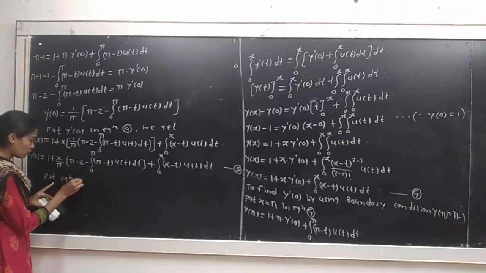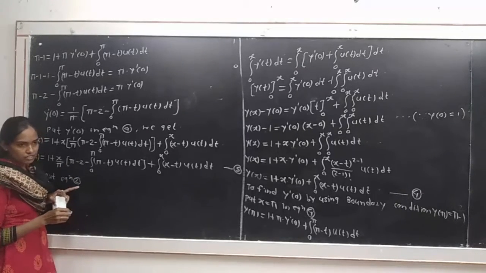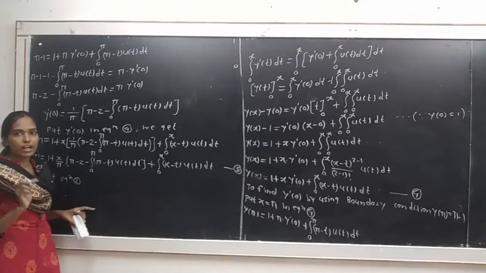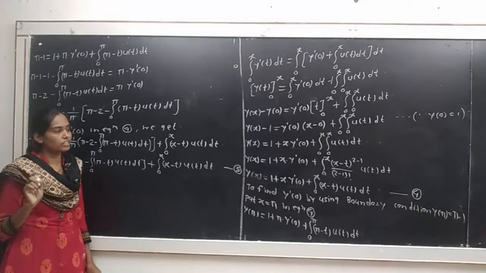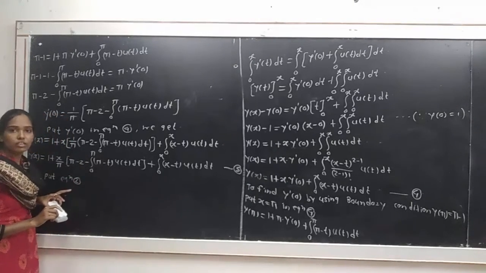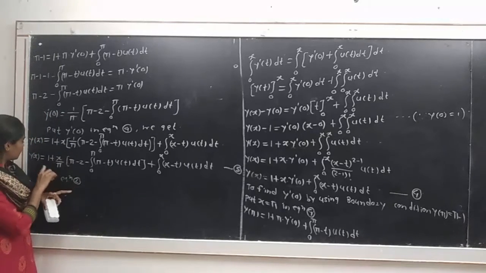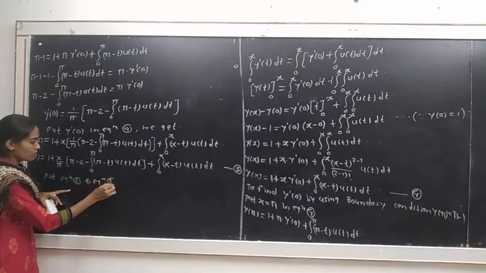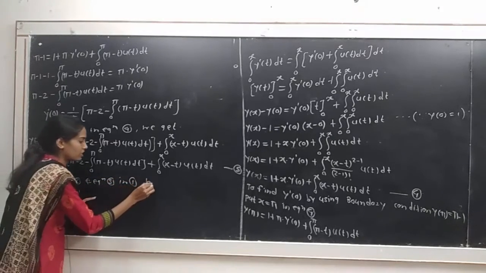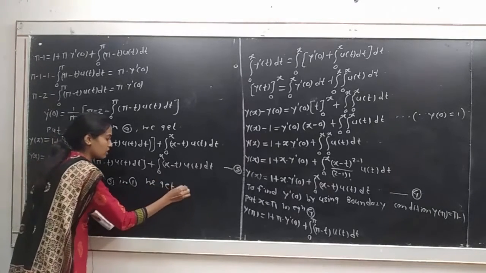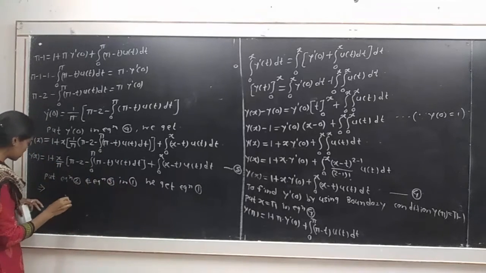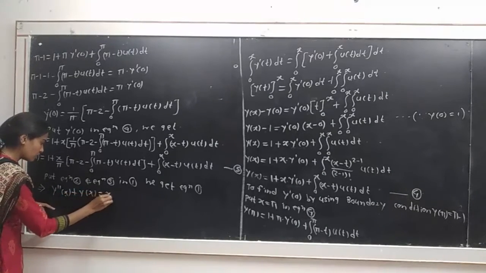Then put in equation number 2, that is the value of y double dash of x, the second order derivative. Our boundary value problem is y double dash of x plus y of x is equal to x, that is we have to only put the values of y double dash of x and y of x. Therefore we put equation number 2 and equation number 5 in 1. We get equation number 1 becomes y double dash of x plus y of x is equal to x.